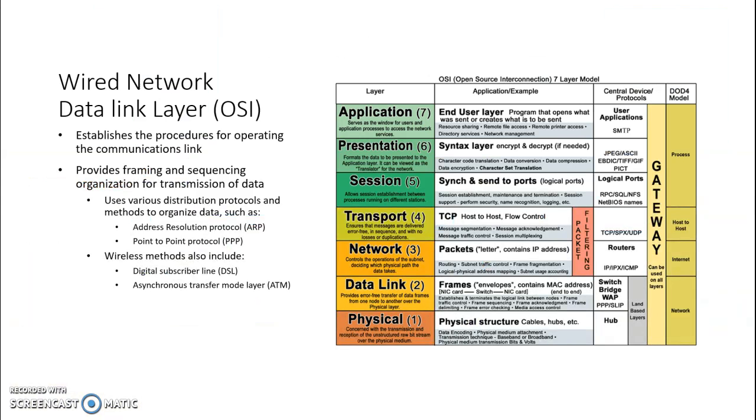So a wired network data link layer establishes the procedures for operating the communications link, providing frames and sequencing for transmission of data. And they use several different methods to organize the data, such as address resolution protocol, point-to-point protocol, and wireless methods also include digital subscriber lines and asynchronous transfer mode layer, or ATM.